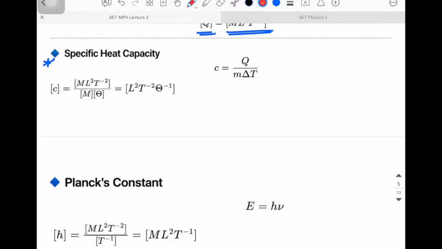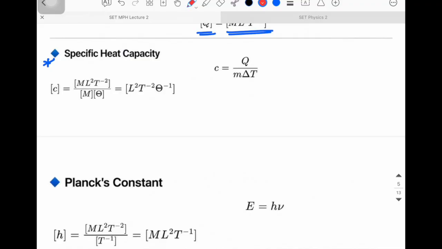Specific heat is actually the heat given to the system upon the mass of the system into the temperature change in the system. We will discuss its definition in statistical and thermal physics. It is defined as: for a 1 kilogram system, how much heat energy we have to give to raise its temperature by 1 degree.